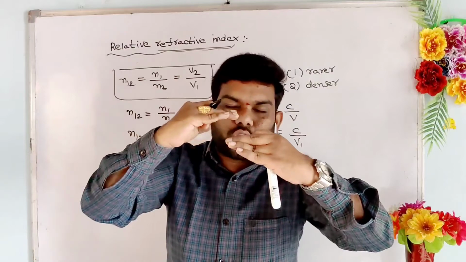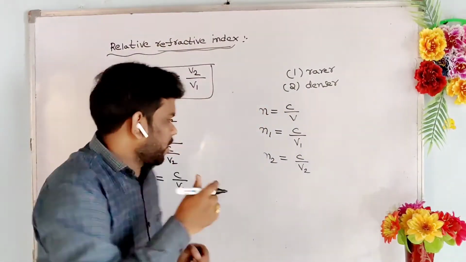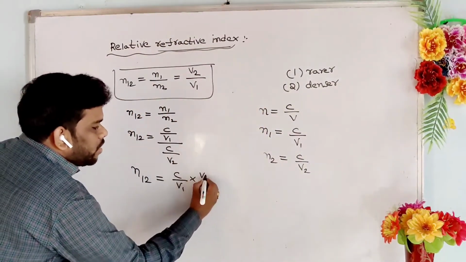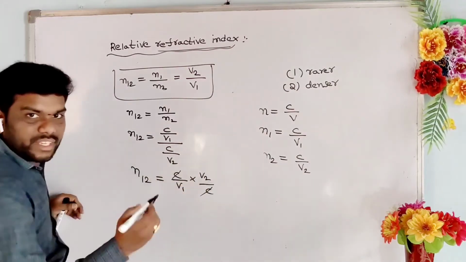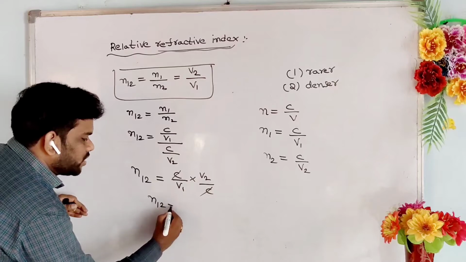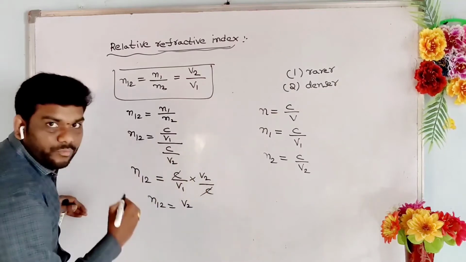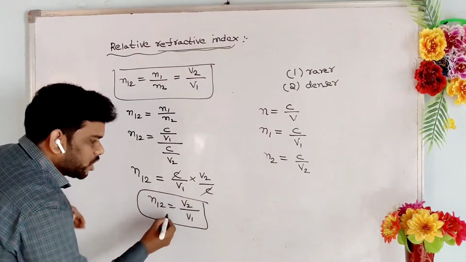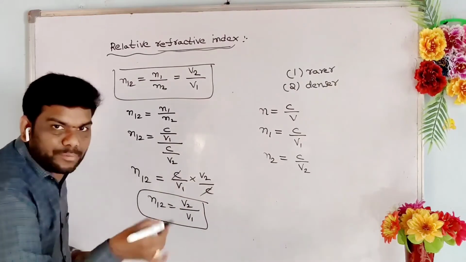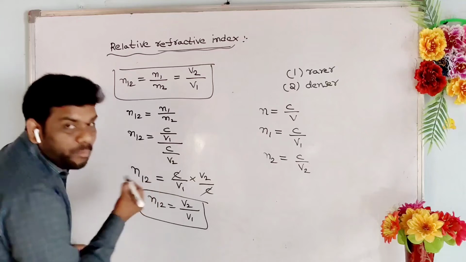This c by v2 goes to the other side as its reciprocal, so it goes up as v2 by c. Here c cancels. Then finally n12 is equal to v2 upon v1. Upon means by. So n12 is equal to v2 by v1.